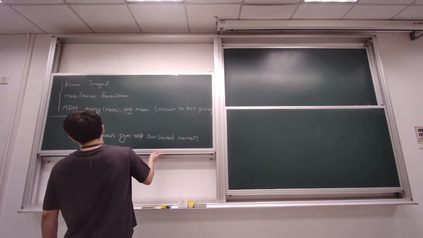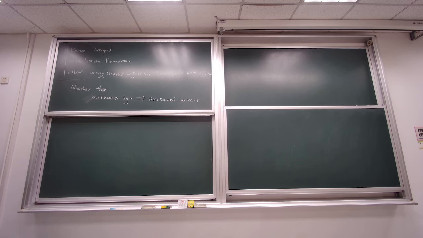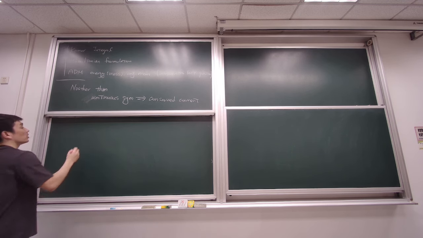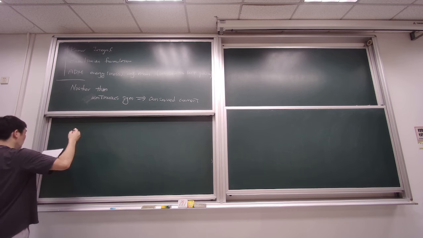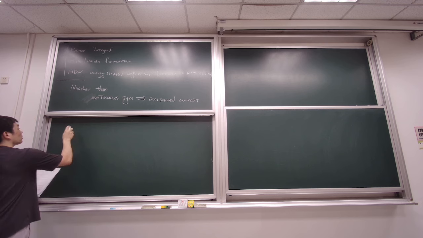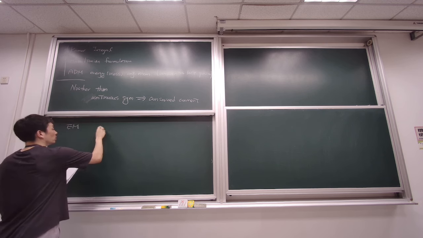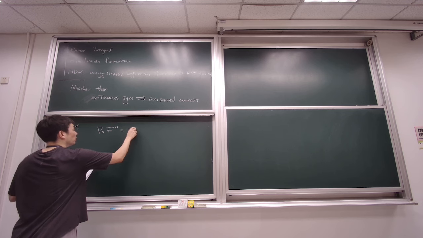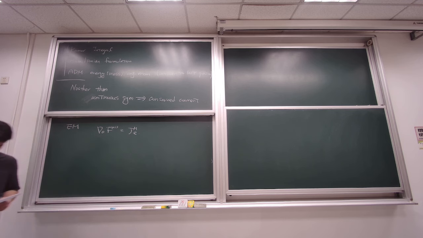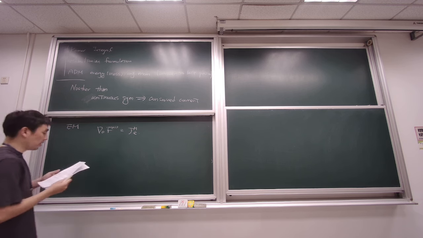Before going to GR, for instance, in the case of electromagnetism, you have the Gauss equation, one of the Maxwell equations.